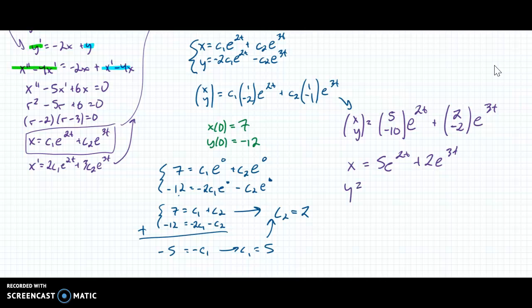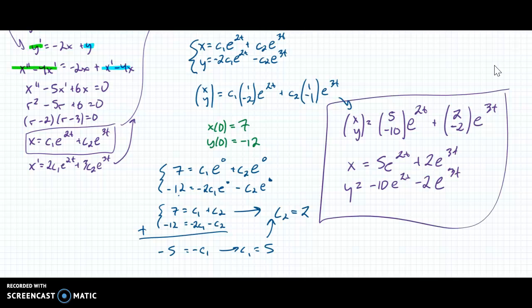And my y is going to be the same across, minus 10 e to the 2t minus 2 e to the 3t. And either one of those would be a good answer depending on what I want to do with this thing. Usually, we like this solution better because we can do more stuff with it.